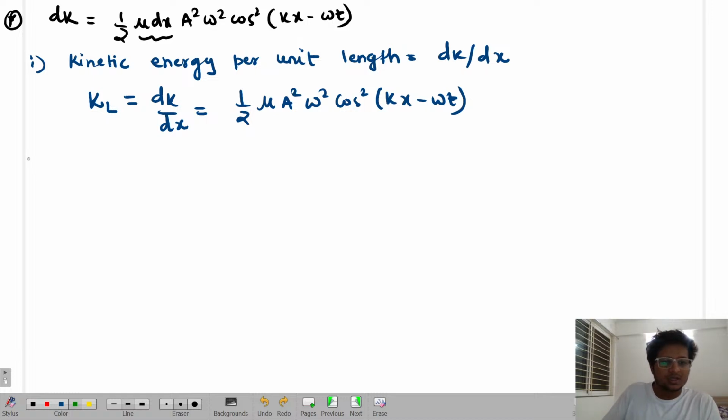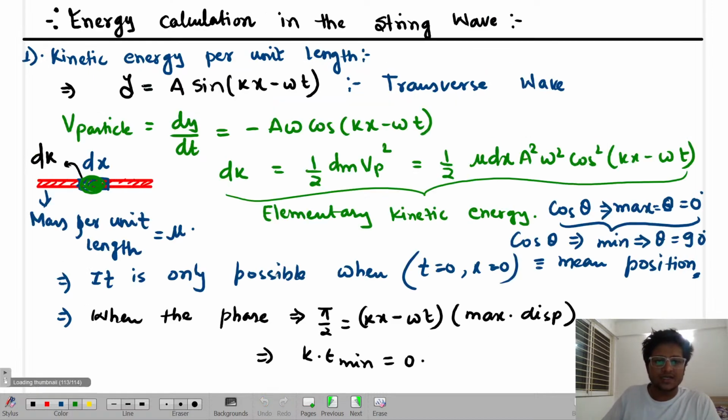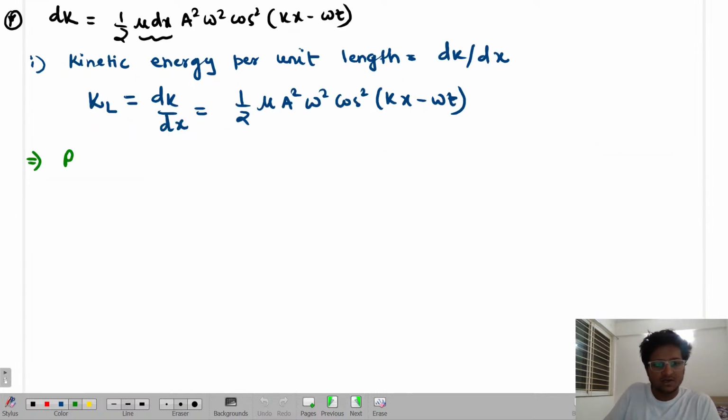Now try to understand, this kinetic energy is itself moving on this wave or not? Yes. So we define the rate of transmission of kinetic energy. Rate of transmission of kinetic energy will be what?